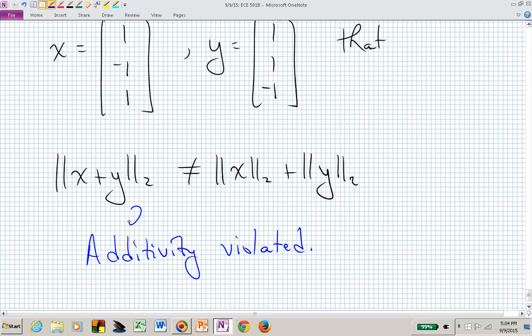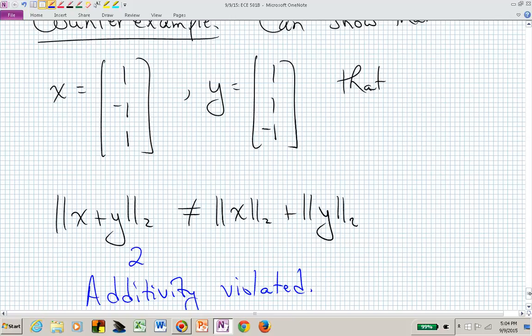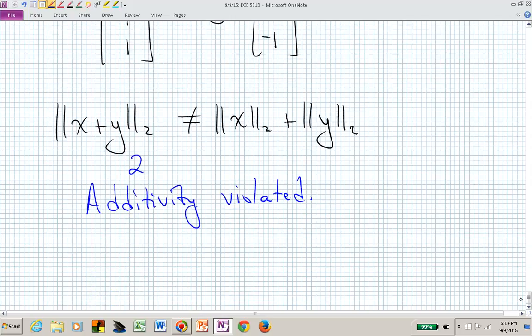I came up with the 2 norm of x plus y being 2, since if you add those up, you end up with 2, 0, 0 for x plus y, and now you're looking at the 2 norm of 2, 0, 0, and that's not equal to the square root of 3 added up, or 2 times the square root of 3, and the last time I remembered, square root of 3 was about 1.7. So I don't think 2 is close to 3.4.